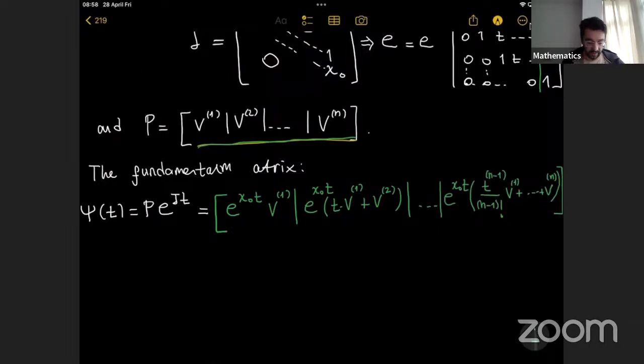But if you look at the first entries, so when we check the first entries of each column, in the first column we have e to the lambda 0 t times a constant, right? The first component of v1, it's a constant. The second one, we have t times e to the lambda 0 t times another constant. Next one, it's going to be t squared times blah blah, okay?